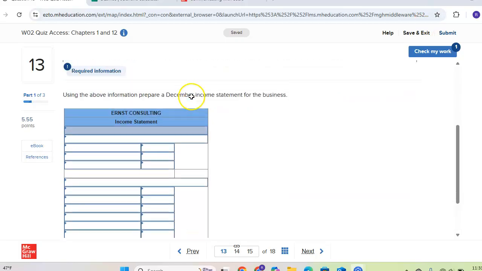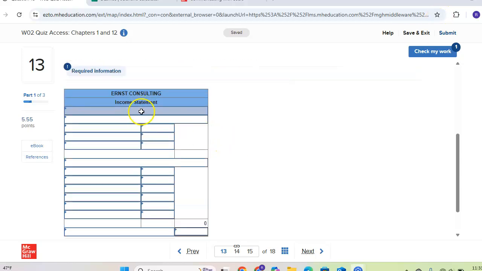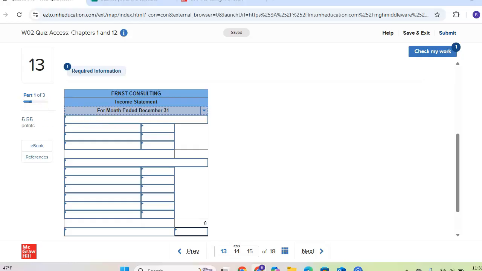So the first question, question 13, is really asking us to prepare an income statement. Now, income statements have multiple parts. First, we know that income statements are for the month that ended December 31st, not December 31st alone. It's for the whole month.